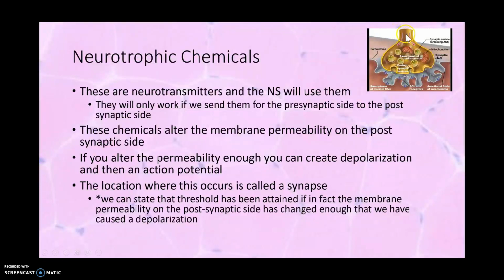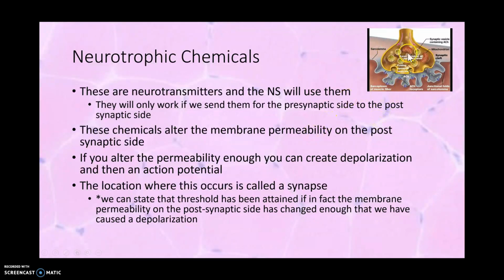We're trying to go down the axon over here into the terminal bulb, which is part of the nervous system. And what will occur here is we're going to go over these steps more in depth in just a few minutes. But ultimately, we're going to be releasing acetylcholine, and they'll be attaching to alpha receptors over here, and we want to alter the membrane permeability on this side, so then an action potential can propagate down within the muscle cell, which is going to then signal muscular contraction.